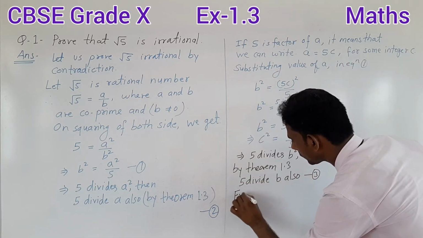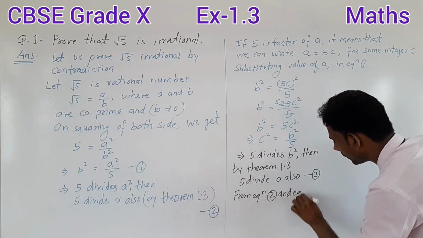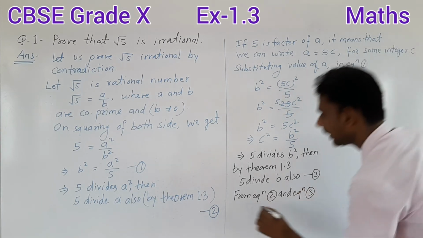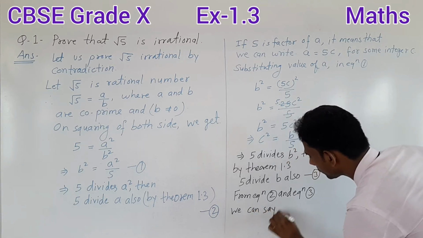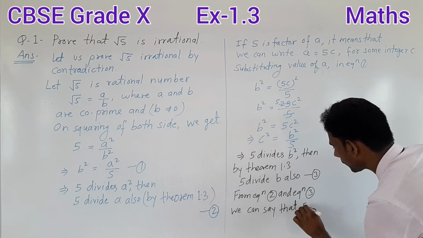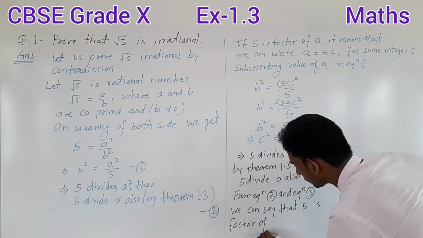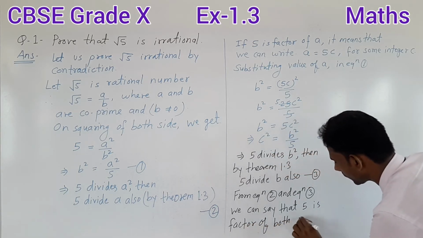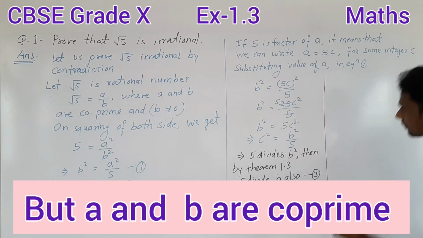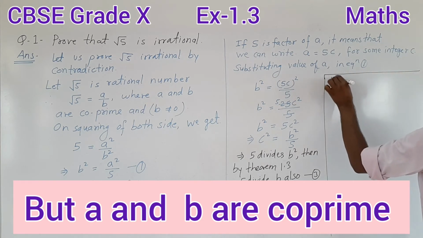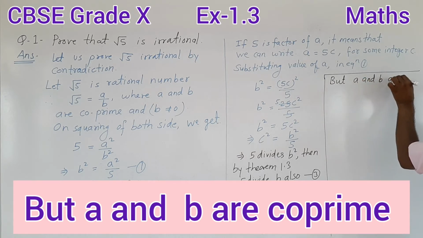From equation 2 and equation 3, we can say that 5 is a factor of both a and b, but a and b are co-prime.